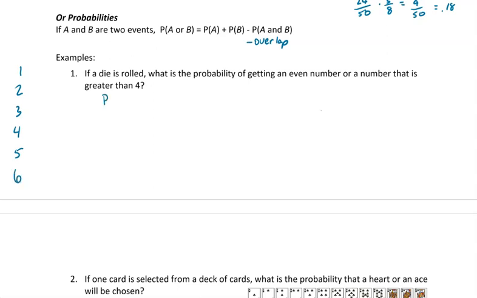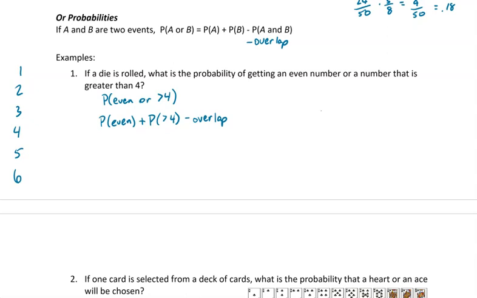So we want the probability that it is even or greater than 4, which is going to be the probability that it's even plus the probability that it's greater than 4 minus the overlap.